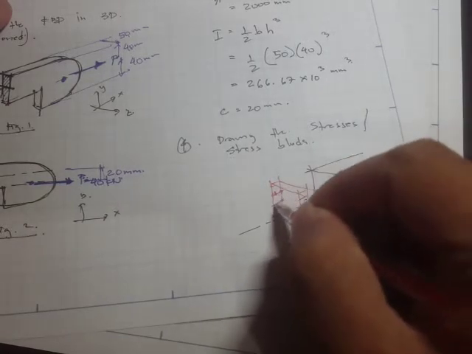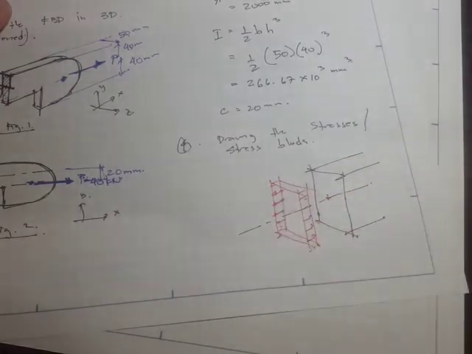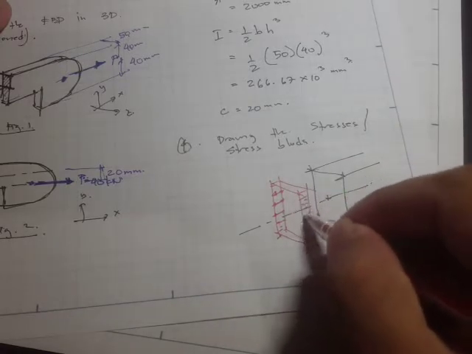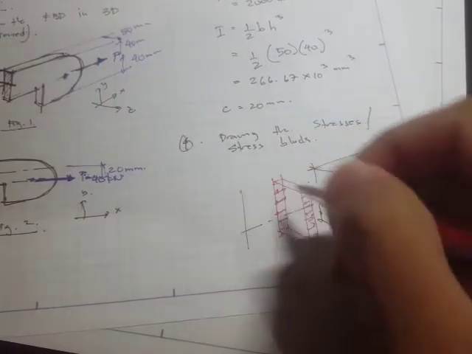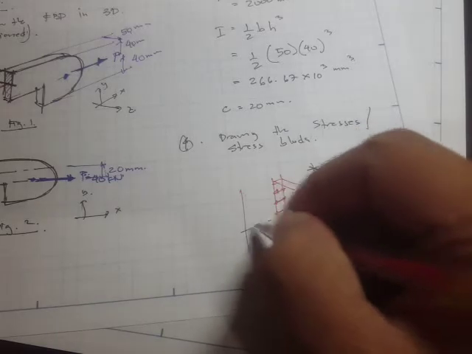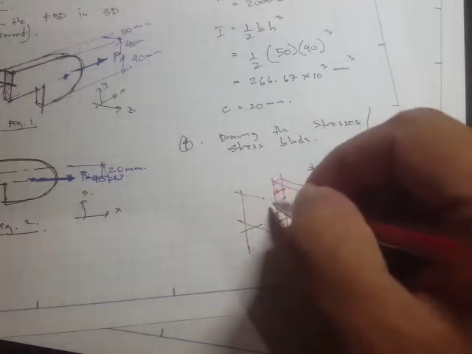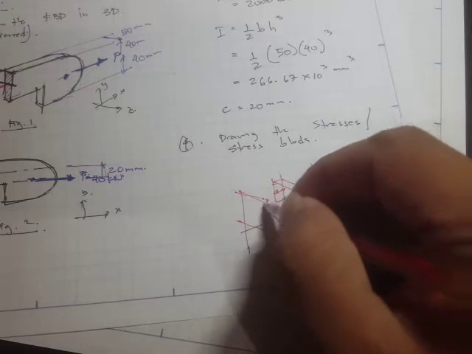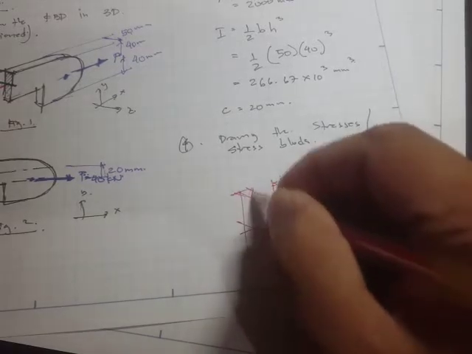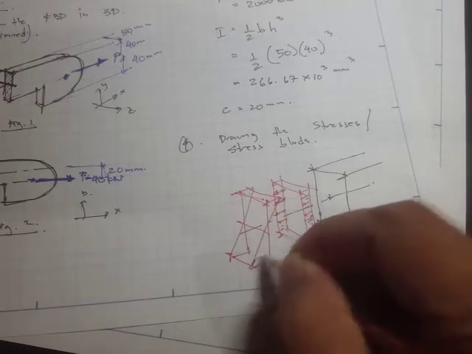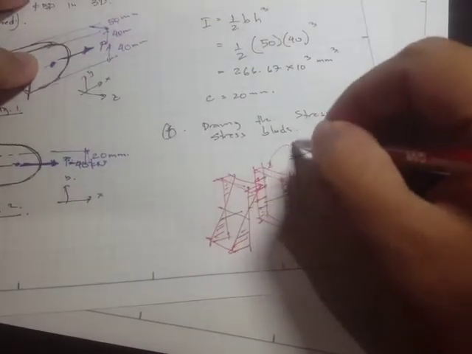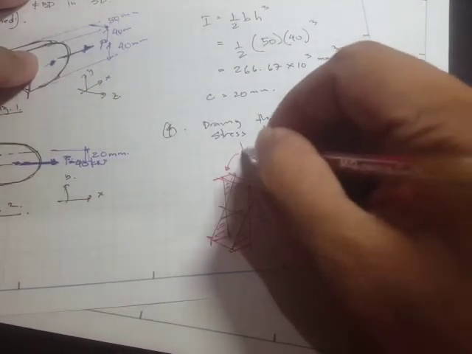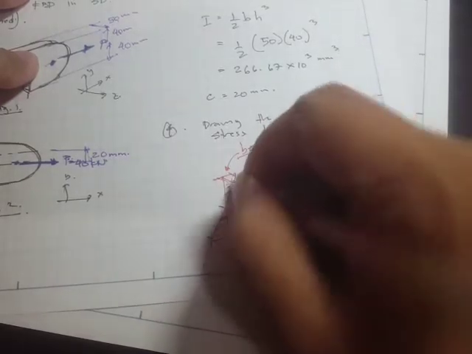Sorry, this should be tension. And we also have the bending stress. Okay, so here are our stresses. This is the axial stress, and this is the bending stress. This is MC over I. This is N over A.